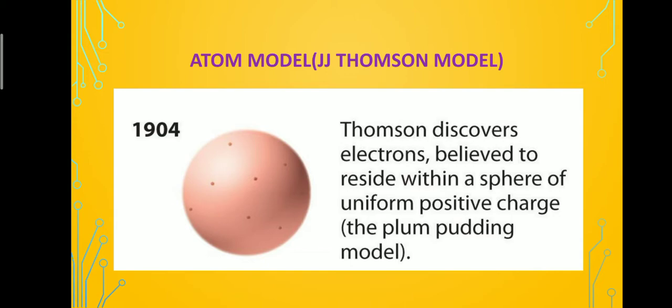He said the positive charge is spread out, and the negatively charged particles, the electrons, are embedded in the positive charge like in a plum pudding. In a watermelon, the seeds are considered as the electrons, and the red part of the watermelon is considered as the positive charge.